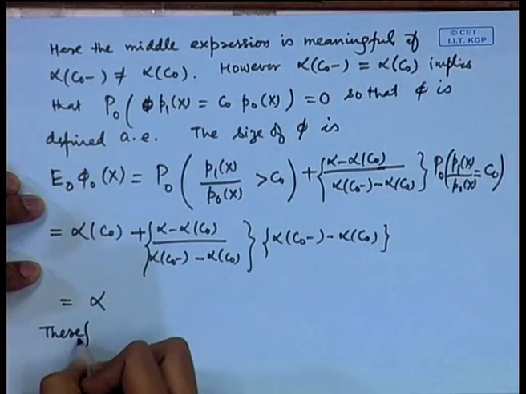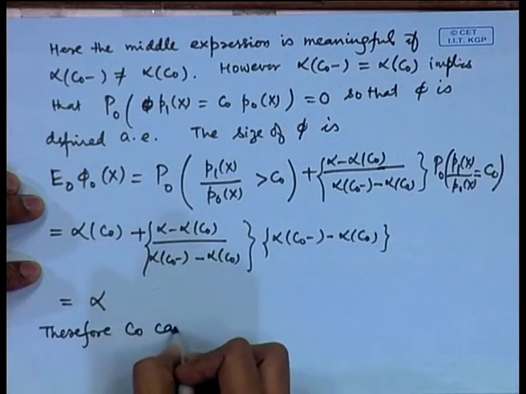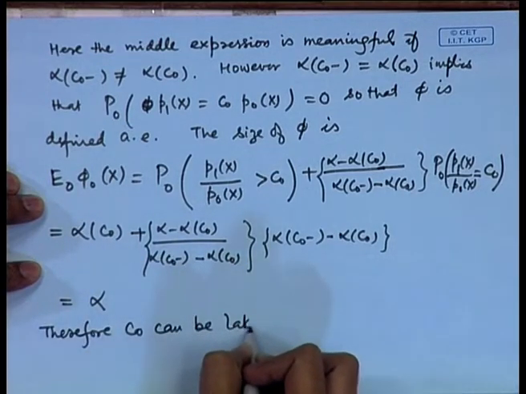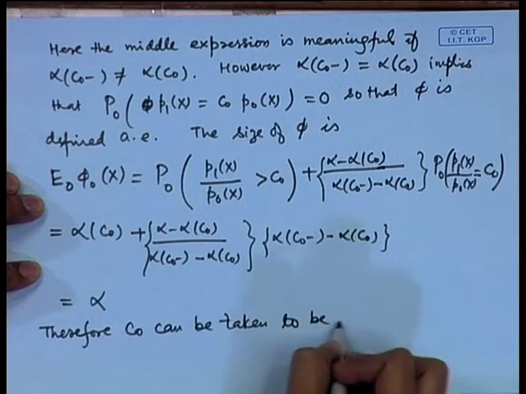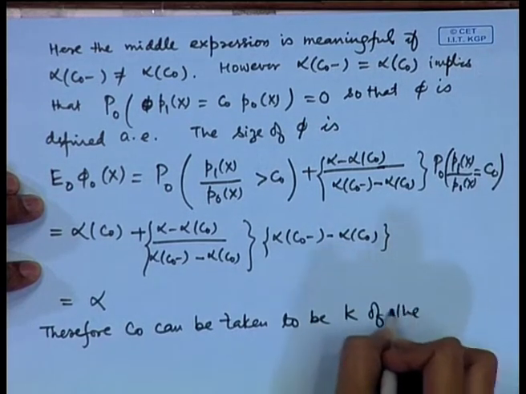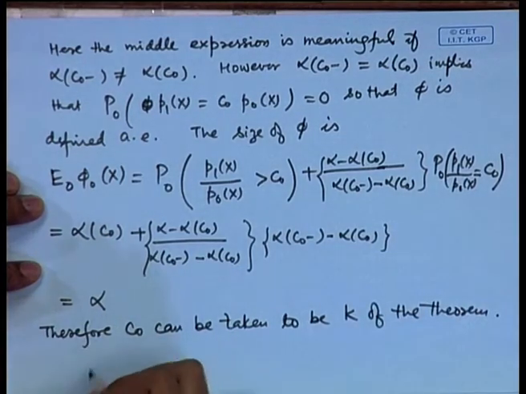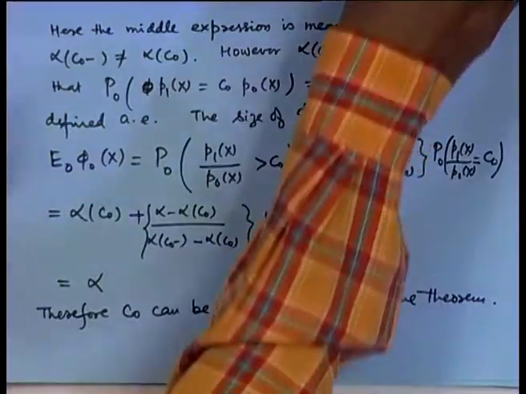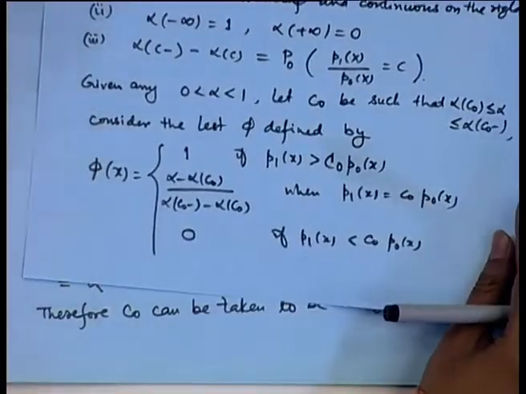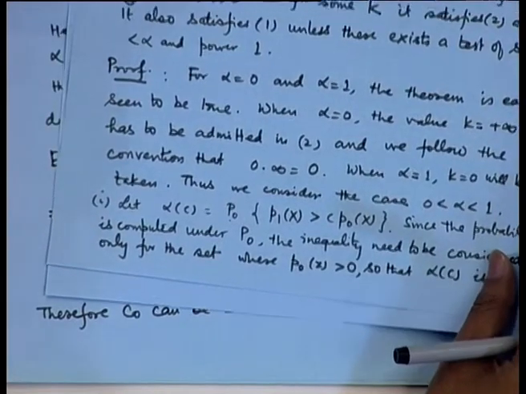Therefore, C naught can be taken to be K of the theorem. So, this proves the existence part of the theorem, because we have exhibited that there exists a test which has size equal to alpha of a given type, because we fix the type also here in the existence part.